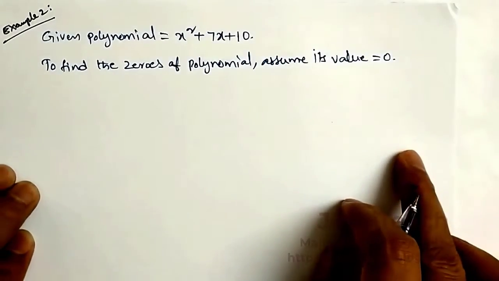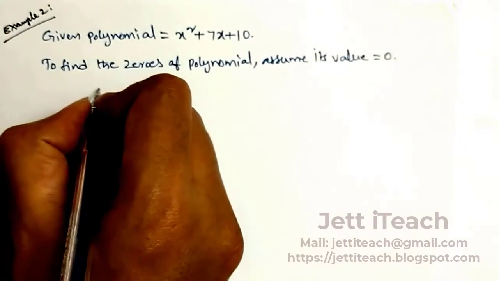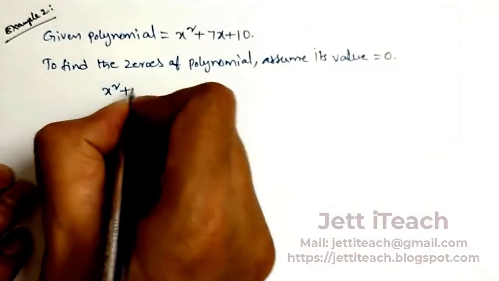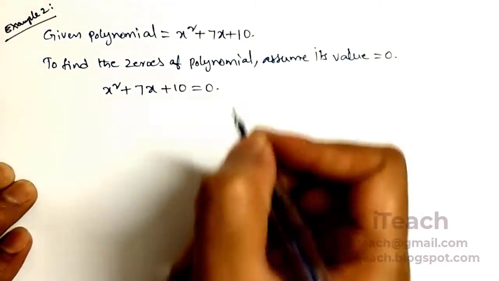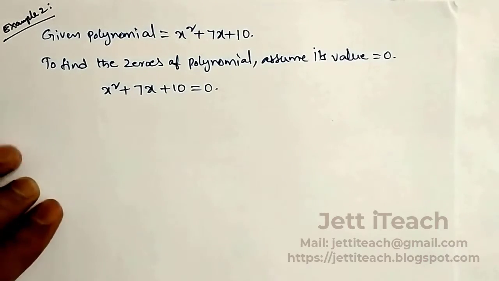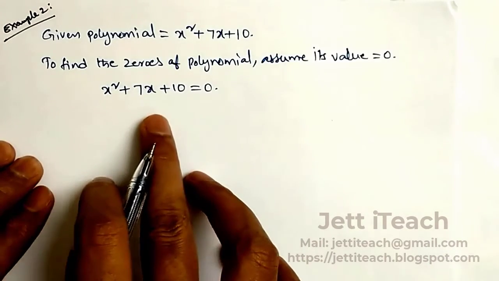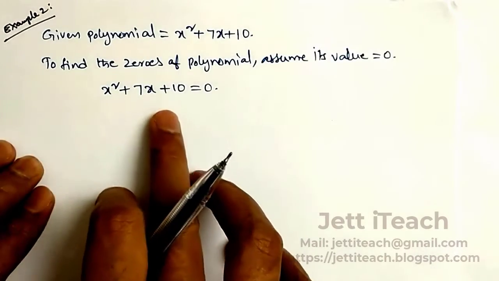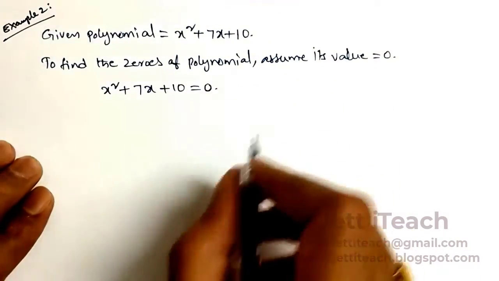I will write the polynomial now: x square plus 7x plus 10 equal to 0. Why am I assuming this polynomial is 0? The value of x at which the polynomial becomes 0 is called a zero of the polynomial. So I make it 0 now.